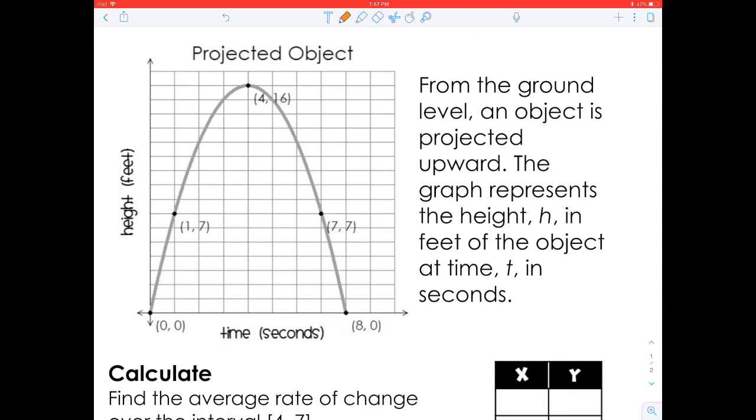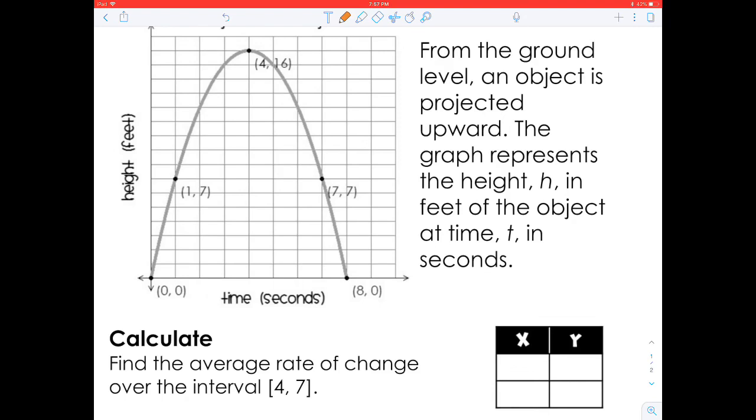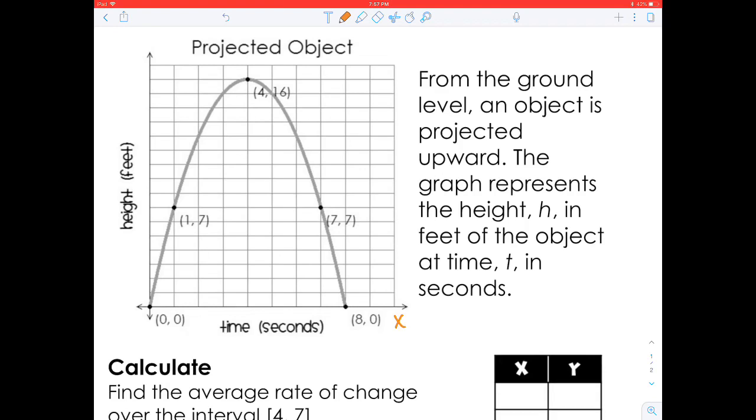Here's our projected object graph again that we've been looking at multiple times. X is the time in seconds, and y, or f of x, is the height.